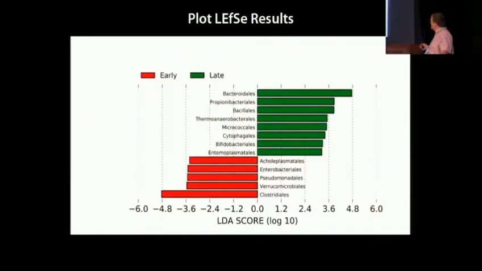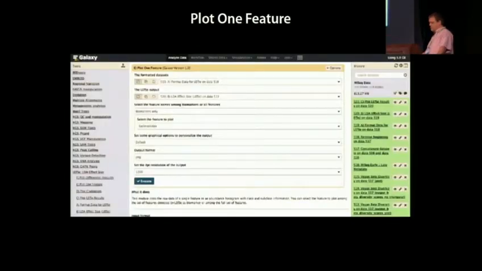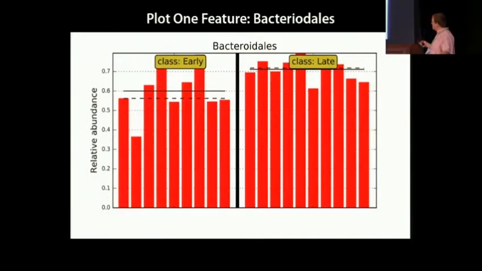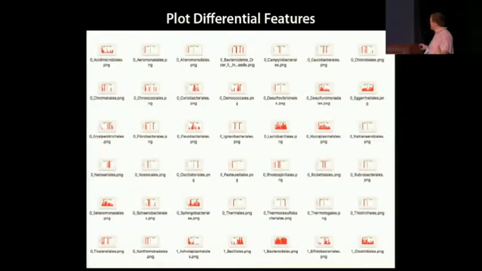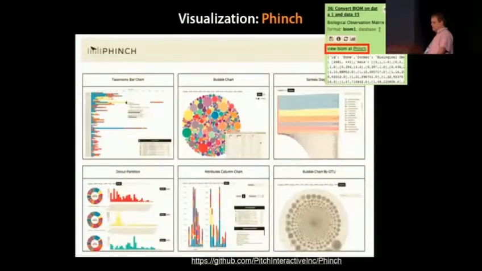Here we can see that in this particular example, we have an early and a late set of metadata, and we can see that we do have some organisms that are differentiating our samples. You can generate additional plots using LEfSe, and there is a mode that will do all of the differential features generically inside of Galaxy. This creates a tarball, and you can download this to your computer to view all of them.